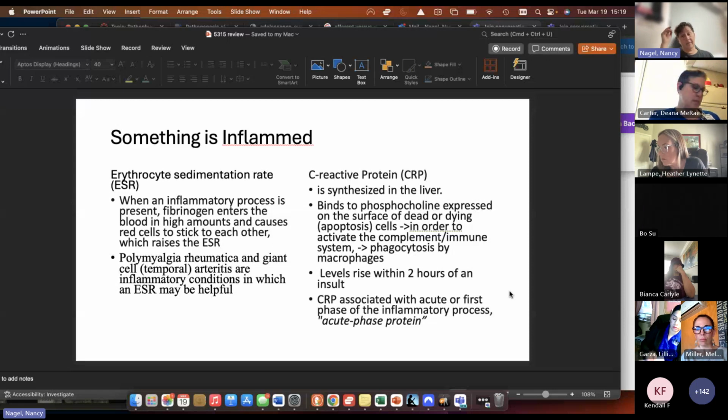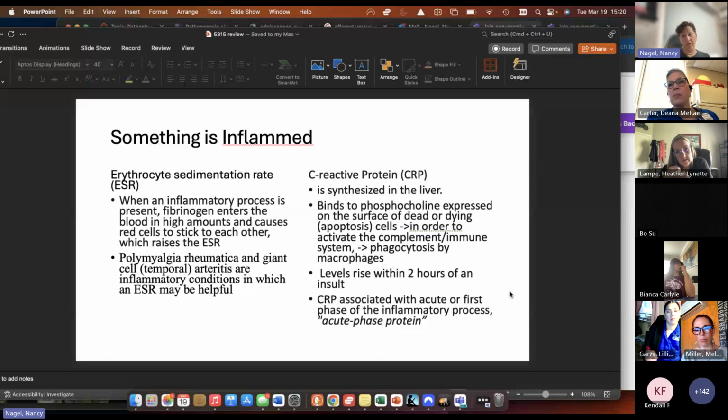C-reactive protein. This one is one that we like to use in the ICU, especially when we are thinking about somebody being sick, because we are going to see the levels rise pretty quickly, and so they're very helpful in telling us if somebody is in an acute phase or the very beginning of a problem.